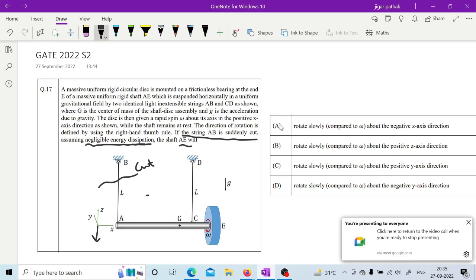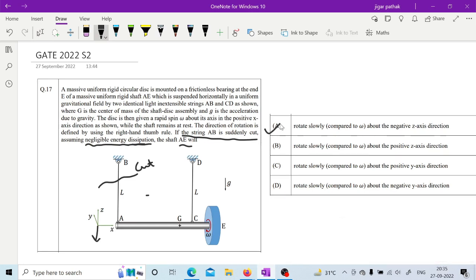Because you have the center of gravity here, it will go towards the negative Z direction if you cut this string, and it will rotate with a little bit slower angular velocity compared to omega. So this is how gyroscope examples are asked in GATE.